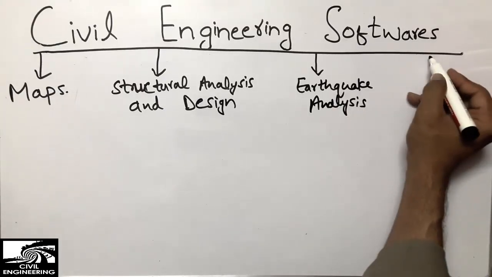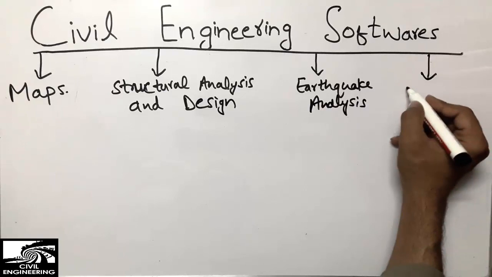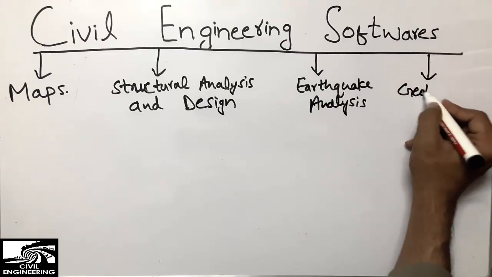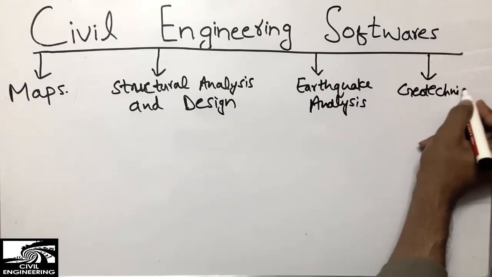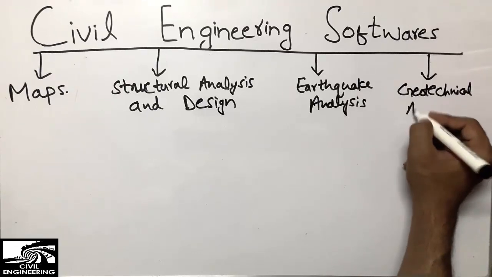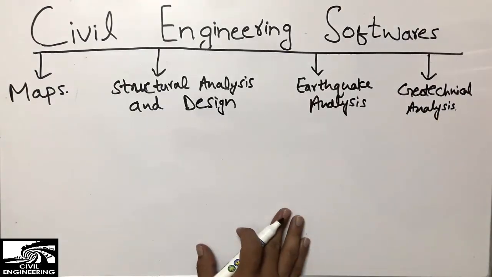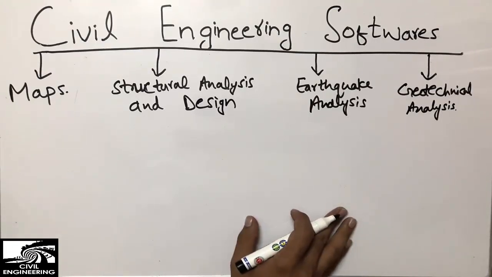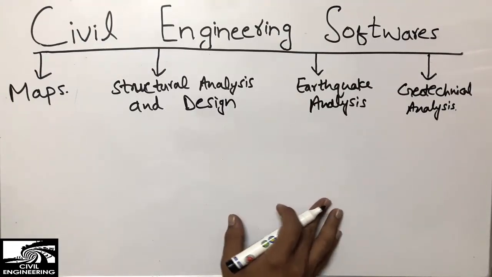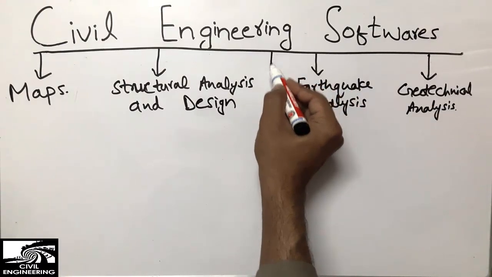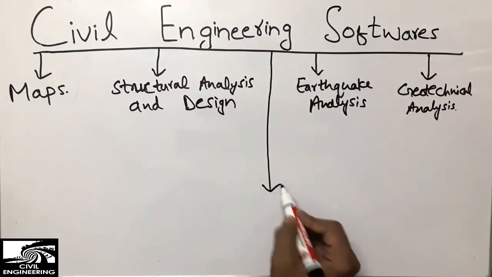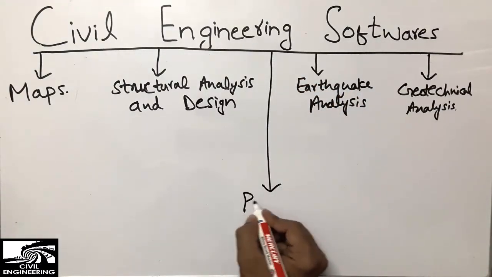The fourth category is geotechnical analysis, right? For geotechnical or soil investigation analysis, we use another category of software. And the last category I will try to list here is project management.